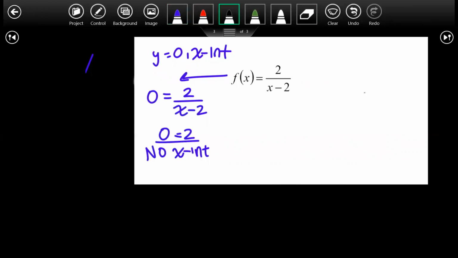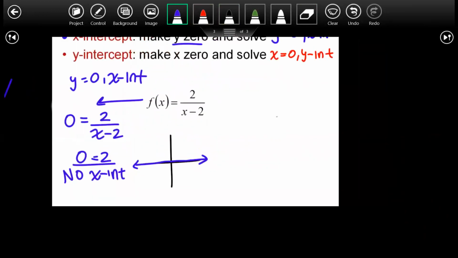If we were to graph this quickly, just a small idea of this, on my x-axis here, that function will never cross. That's going to be our asymptote for it. Doesn't cross at that point. If we do it the other way, where we're looking at our y-intercept, we set x equal to 0, and y is going to be our intercept.